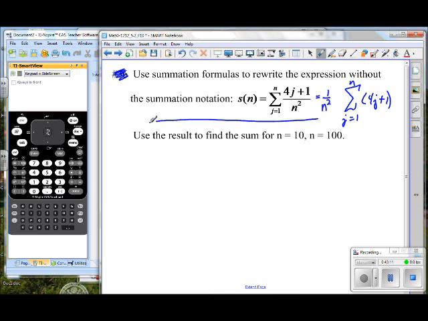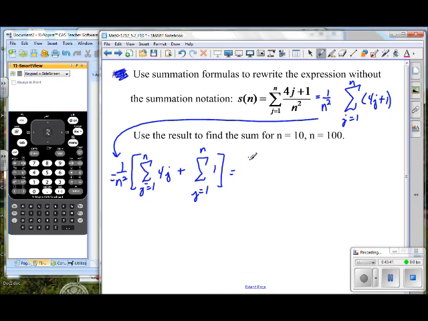Now, if we bring that down here, we can now write this as 1 divided by n squared times the summation as j goes from 1 to n of 4j plus, remember we can break these apart, the summation of a sum or difference is the sum or difference of the summations, j going from 1 to n of 1. So we have 1 divided by n squared.